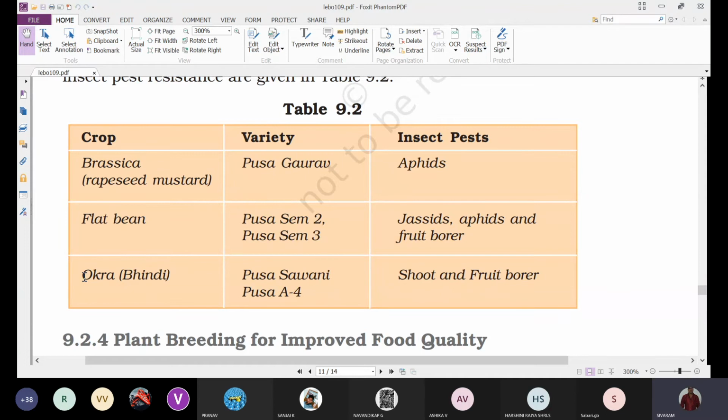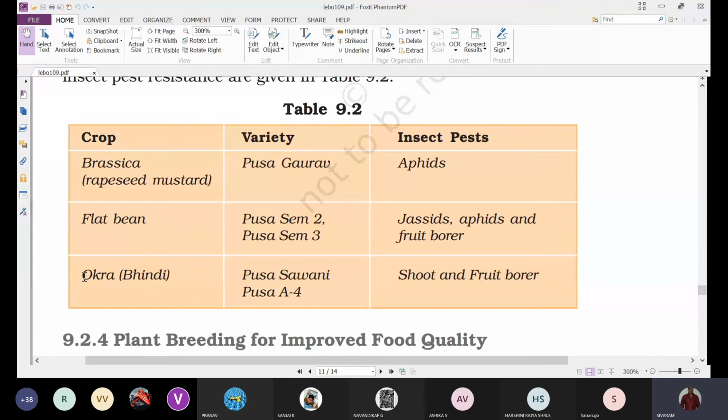Before, we discussed one variety of Abelmoschus esculentus, bindi, where we developed a disease resistant variety, Parbhani Kranti.